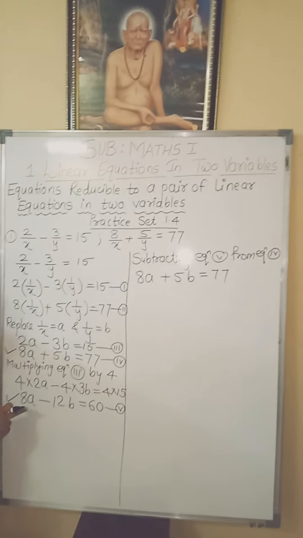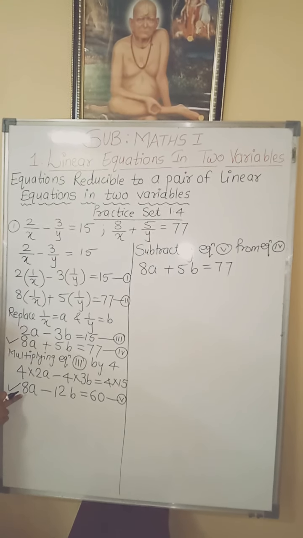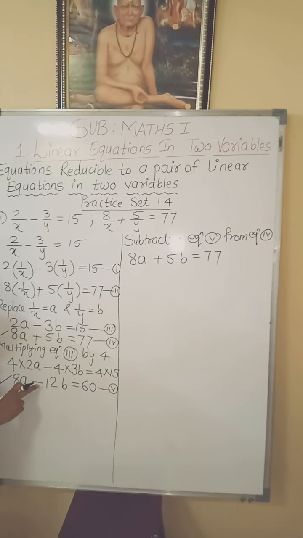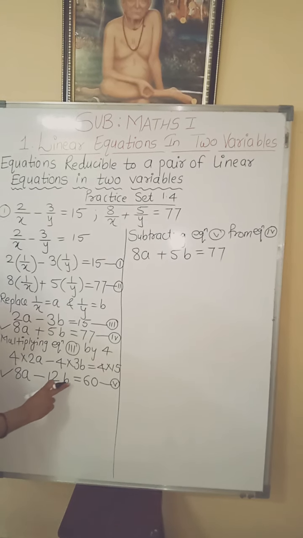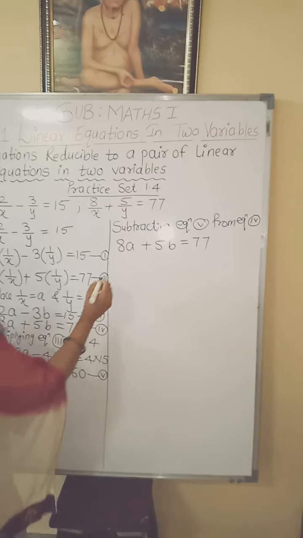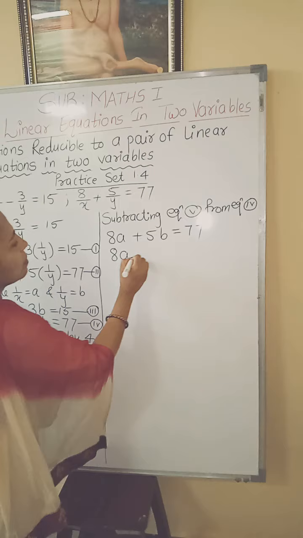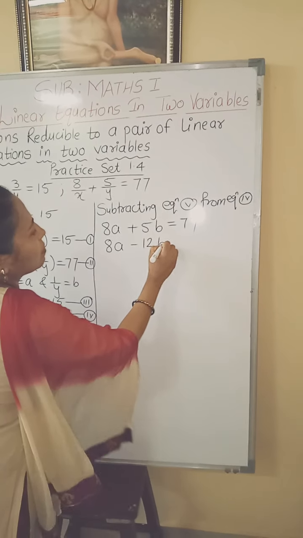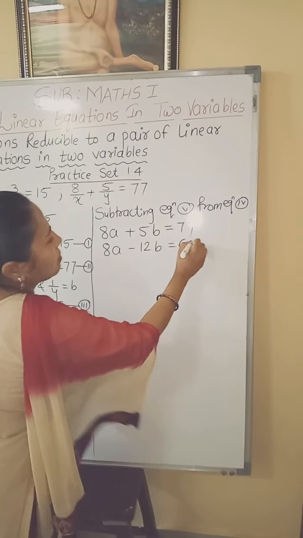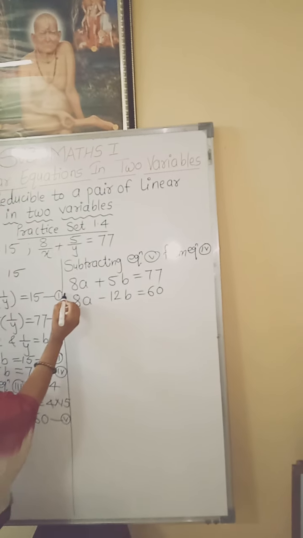Now we will write equation number 5: 8a minus 12b equal to 200. Now we have to subtract this.